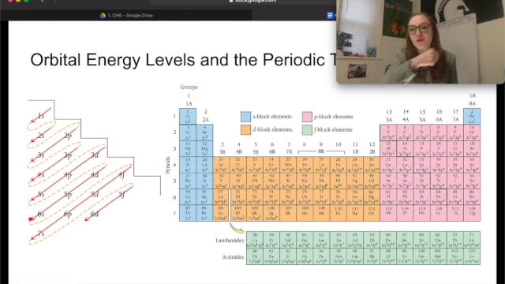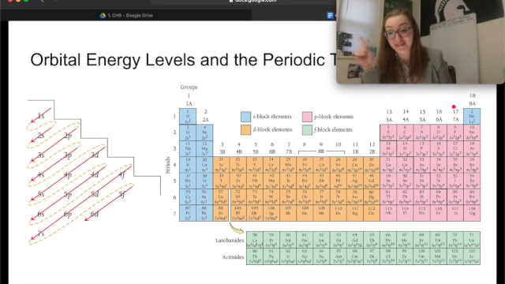That's a funny, weird looking diagram though. How can I remember this? Again, our periodic table's back. It has all the information you could ever need.